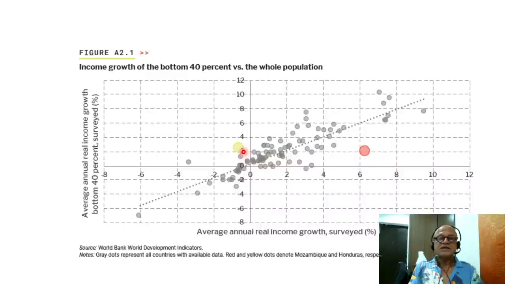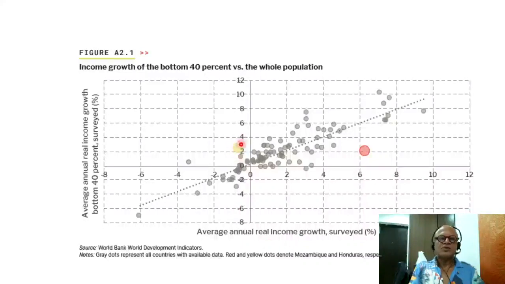So you can see the yellow dot here, in terms of average annual real income growth surveyed in percentages and the average annual real income growth of the bottom 40% surveyed in percentages, shows that it's on the negative side. These numbers here are negative, about maybe -1 in terms of percentage of average annual real income growth.